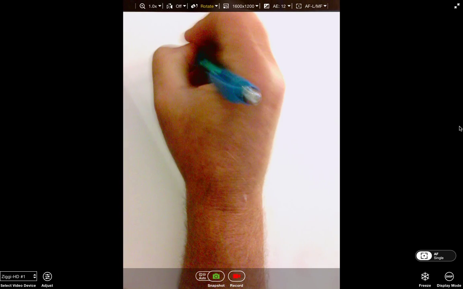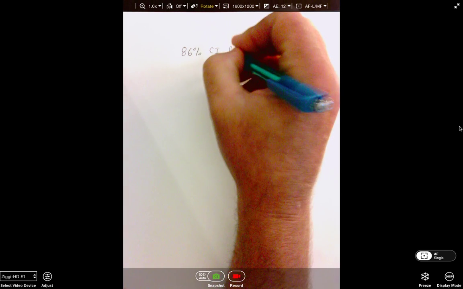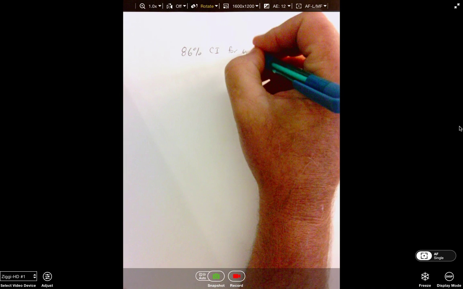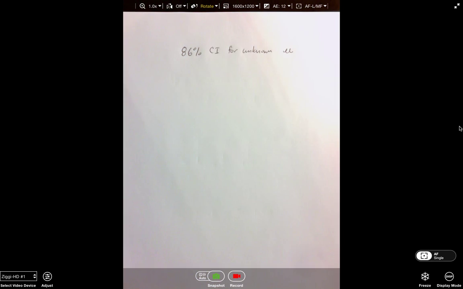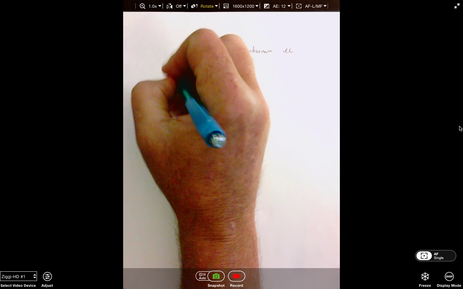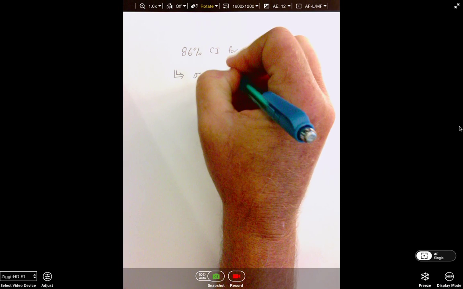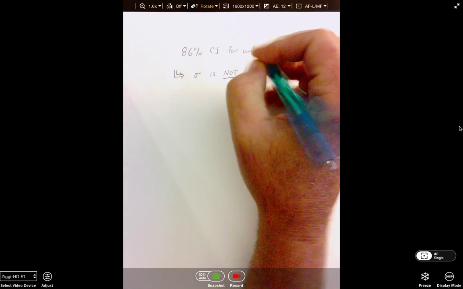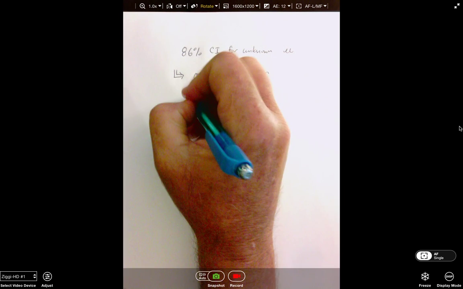Now, let's change things. We want an 86% confidence interval for unknown mu. The population standard deviation is not known.